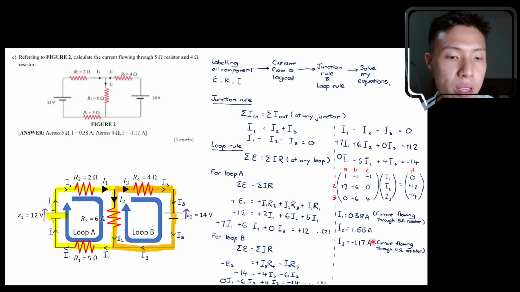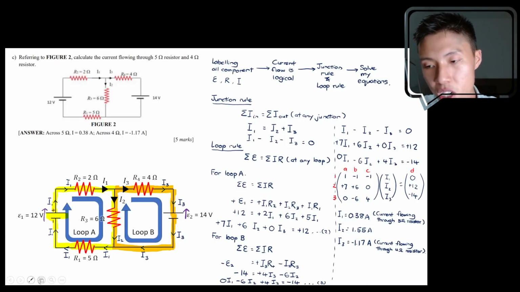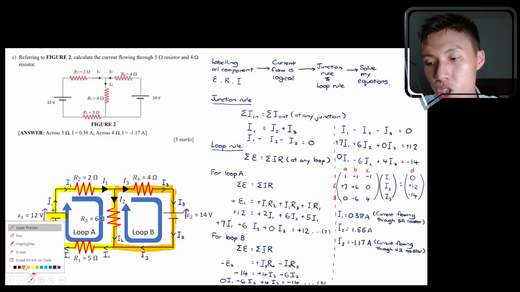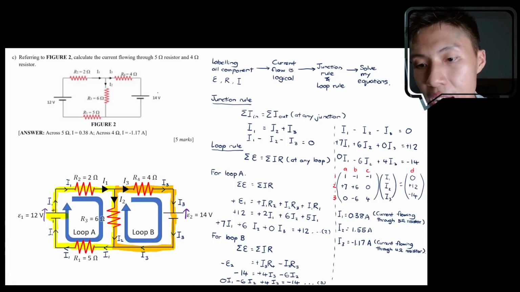This is what the question thinks the current I3 will flow. But from the calculation, you see that I3 is a negative value. That means our prediction is actually wrong. The direction of the current should actually be opposite to what we assumed for I3.